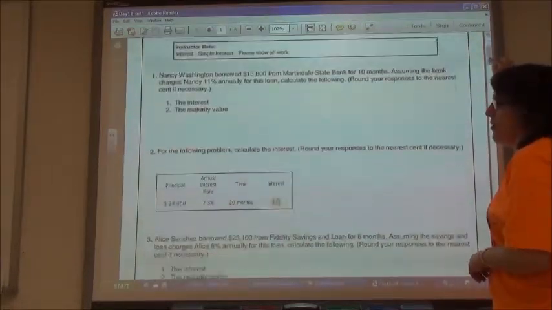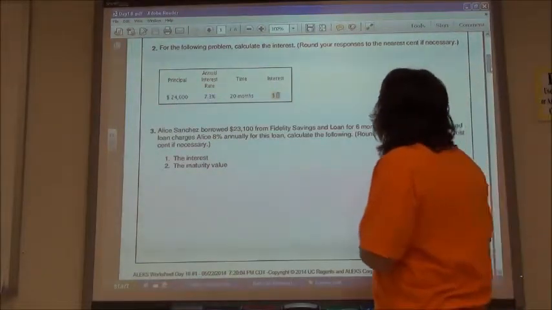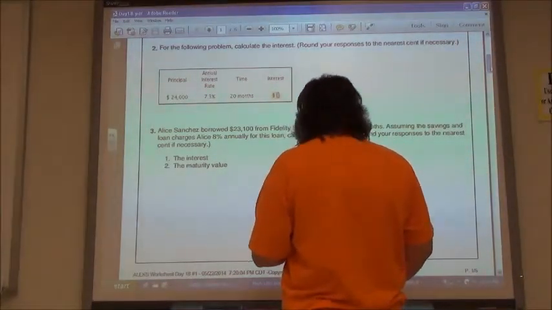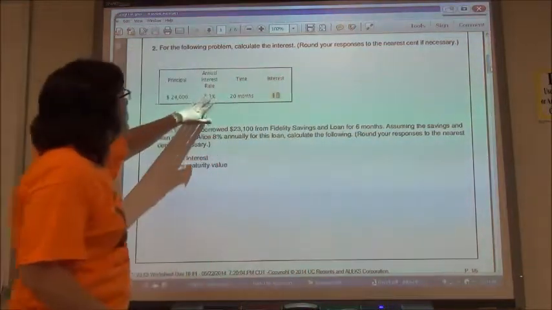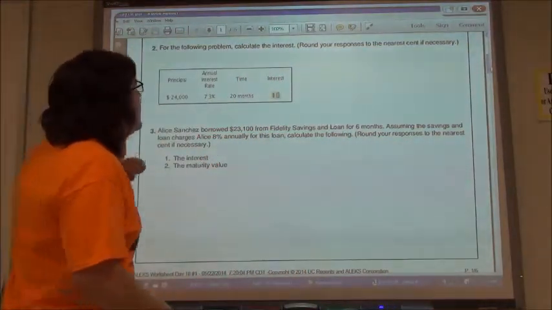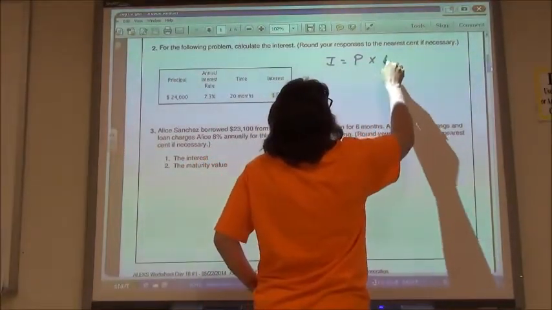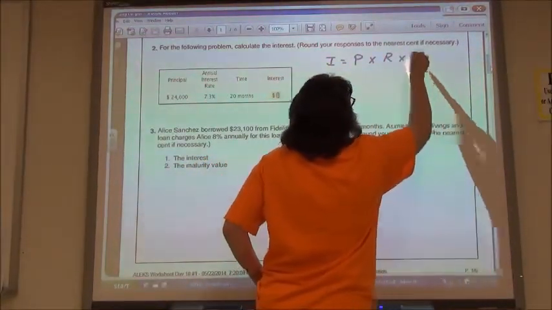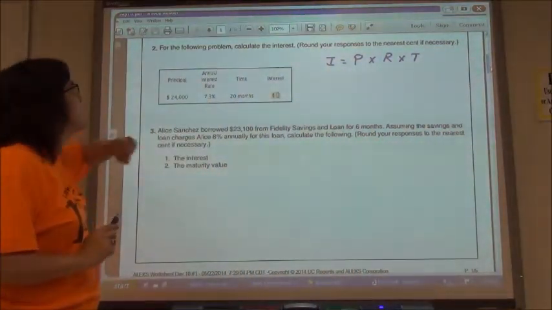The second one says for the following problem, calculate the interest, round your response to the nearest cent if necessary. And again, we're doing the annual interest rate, and so my interest is equal to my principal times my rate times my time, but my time has to be in years since I'm using an annual interest rate.